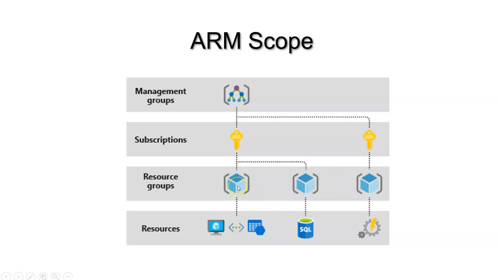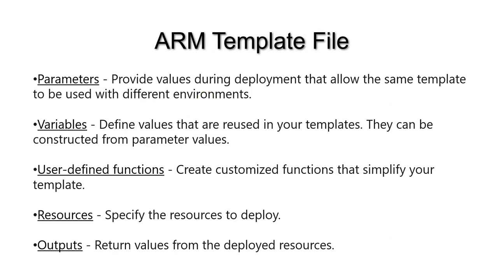All those 10 resource groups and the resources under each resource group will also take that policy. That means it will be applied to all those resources, like permissions or some kind of compliance. This is how the hierarchy works. If you apply to the management group, then it will apply to all the subscriptions under the management group. So coming to the next one, ARM template file.